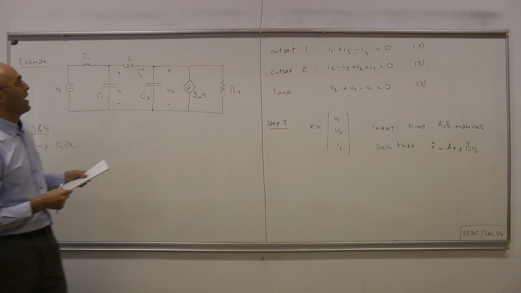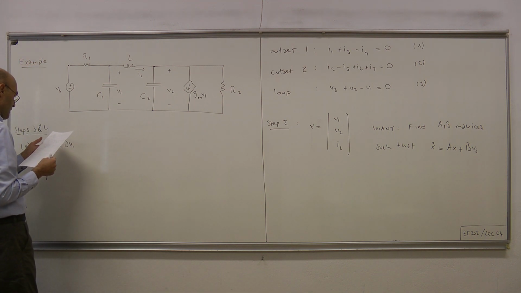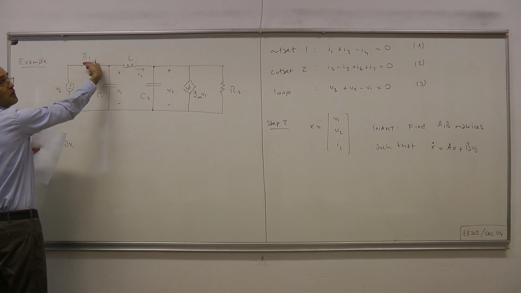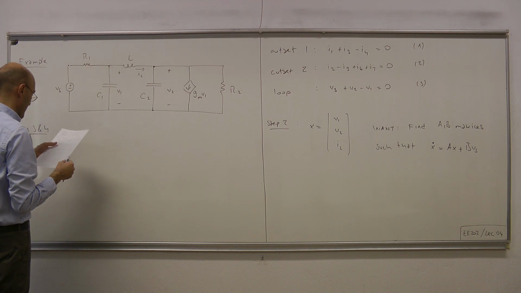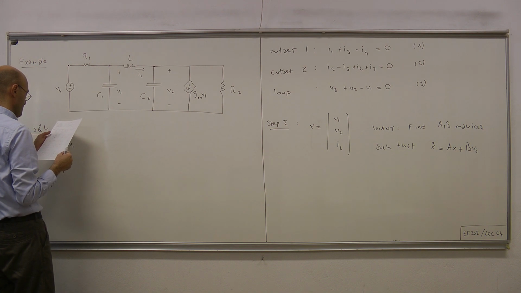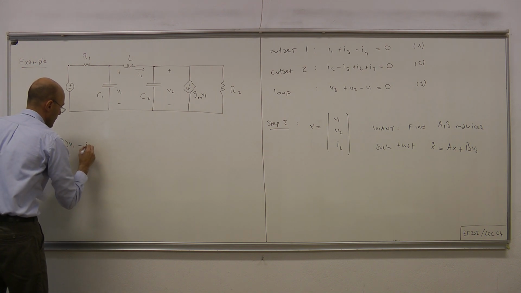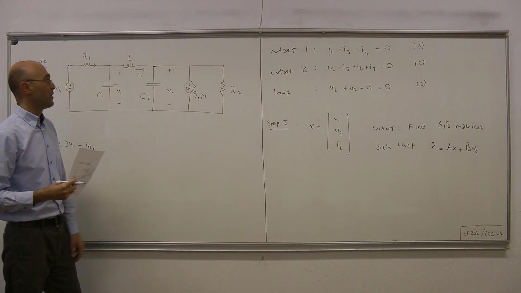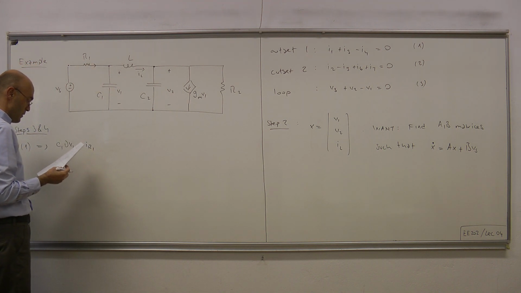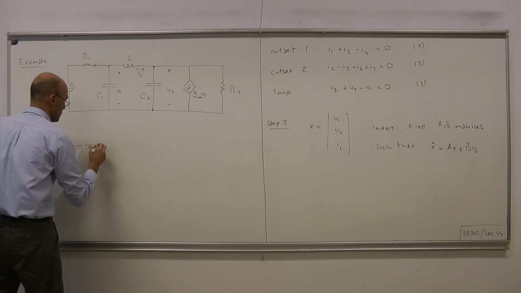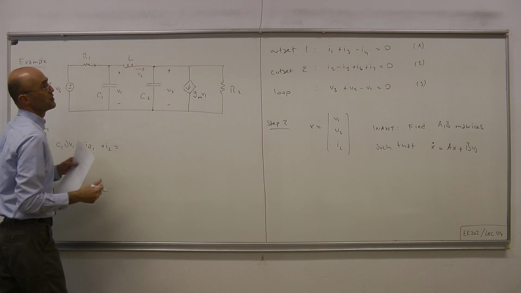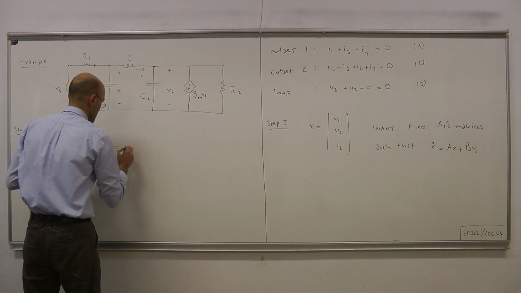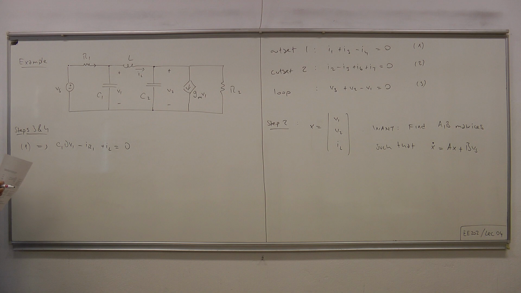Then we have minus I4. Let's say the direction of the 4th branch was like that, and finally we have plus IL, which is I3. And that equals 0 by KCL.